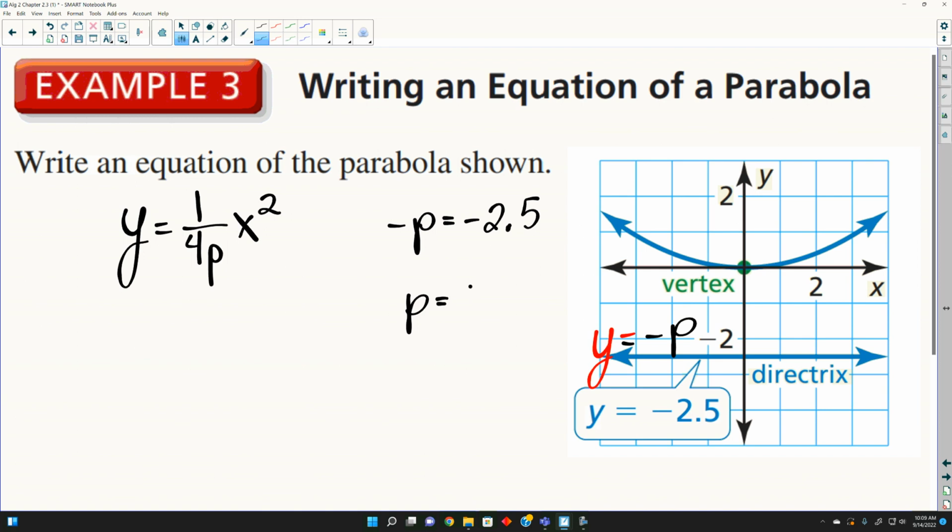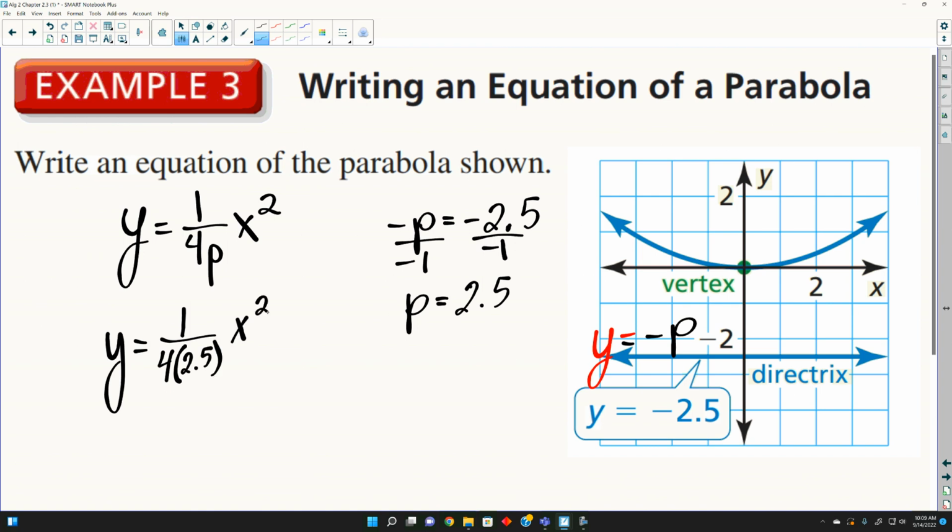If negative p is negative 2.5, p is 2.5. And we could have got there by dividing by negative 1, and then plug it back in.